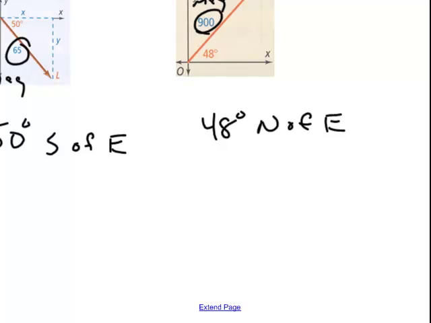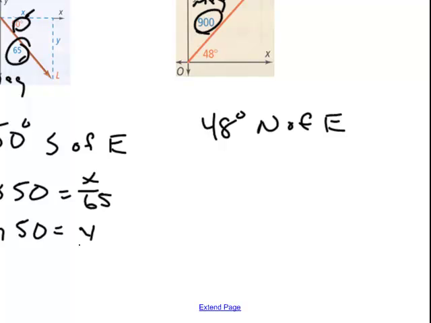In order to find the component form for these, I'm actually going to have to do my trig functions again. For the left-hand side, for A, I've got the cosine of 50. Cosine of 50 is going to be x over 65. And for the y direction, the sine of 50 is going to be equal to y over 65.